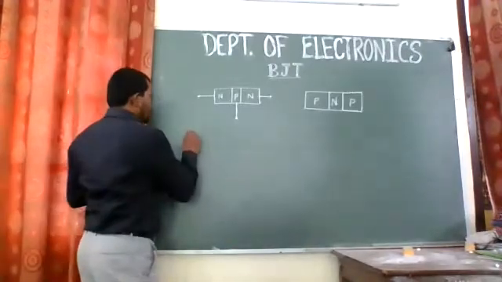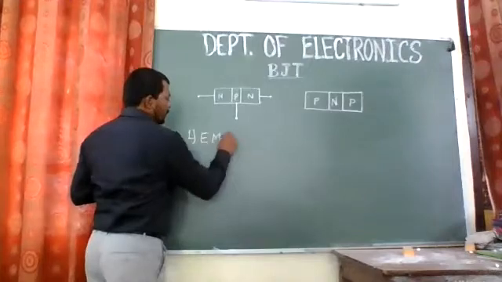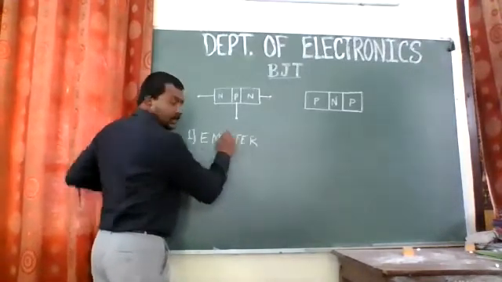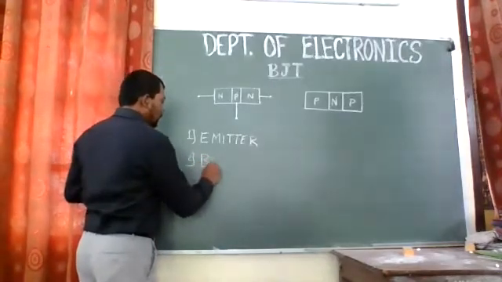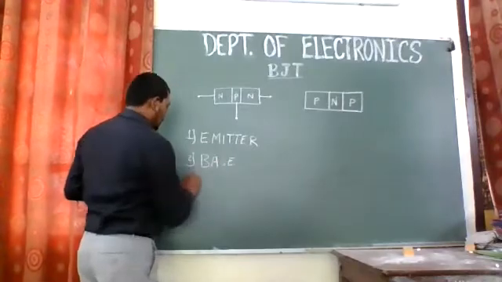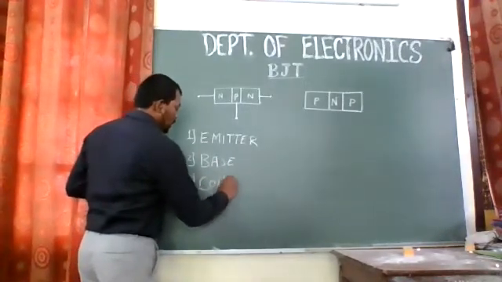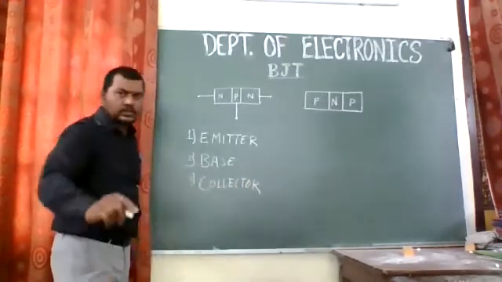I will try to write a little bit bigger so that it is visible to you. So it is emitter. Then the second one is the base, BASE, and the third one is the collector, COLLECTOR.